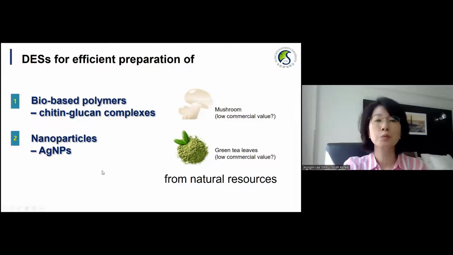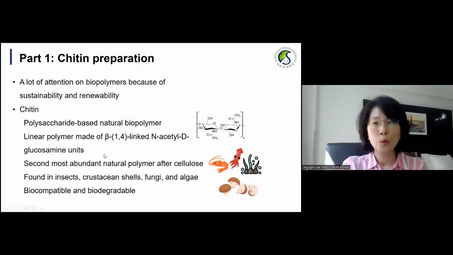The second part will be the biosynthesis of nanoparticles, especially silver nanoparticles, using green tea leaves to provide efficient phytochemicals. So I'd like to go on to the first part, which is about chitin preparation using DESs.